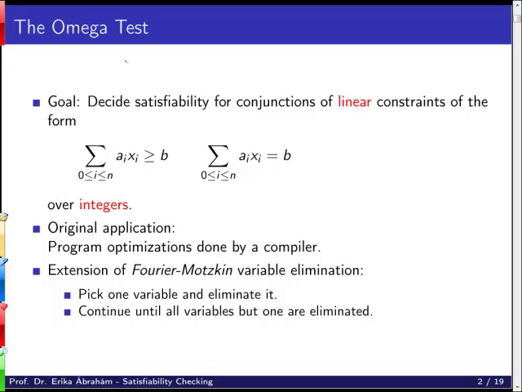They use it in a general framework, and basically this is similar to the Fourier-Motzkin variable elimination, which we have already seen, but it is an extension. So we will still use variable elimination, similarly to projection, so projecting out dimensions.